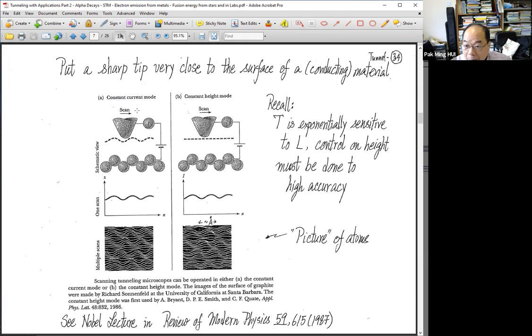For that to happen, we need a very sensitive feedback mechanism to move the tube up and down so as to keep the signal, the tunneling current that we measure, a constant value, and then record the motion of the tip.